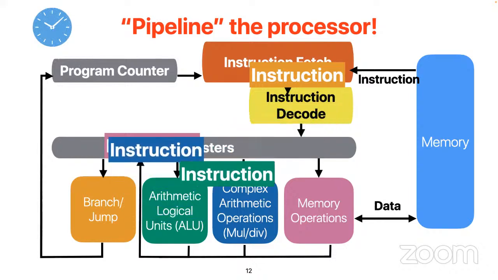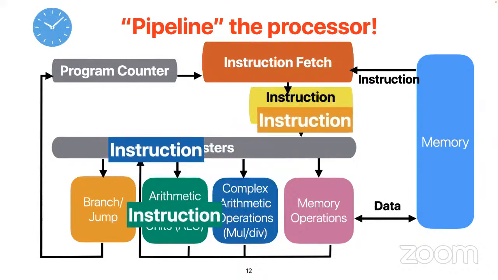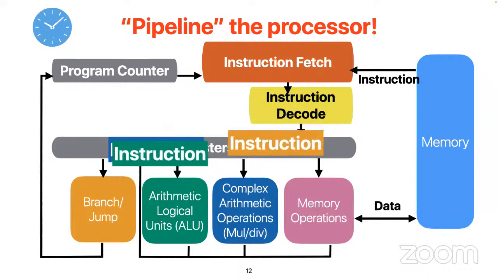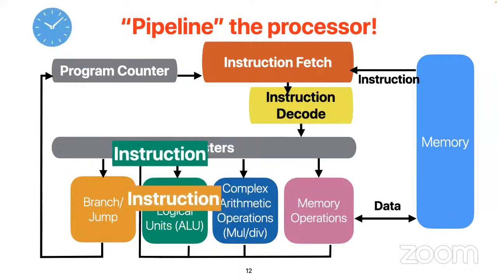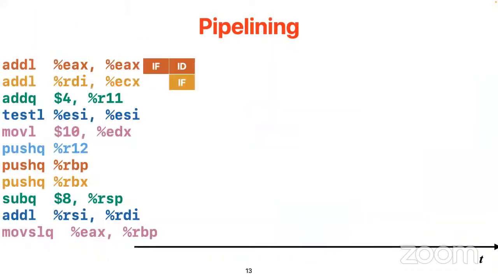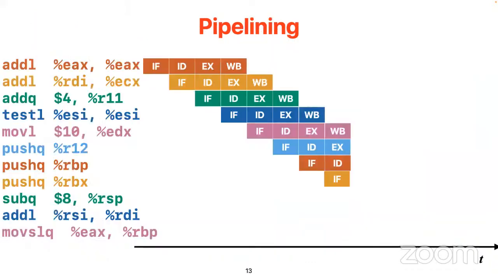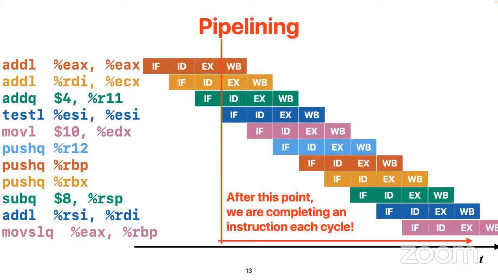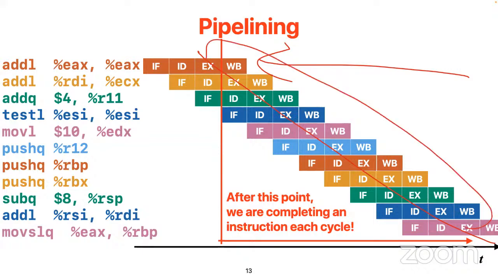At some point, if you can keep feeding instructions into the processor, then you will figure out that the pipeline creates an illusion that, from the observer's perspective, every cycle, where the cycle time is a lot shorter than the previous design, I can see an instruction being produced.